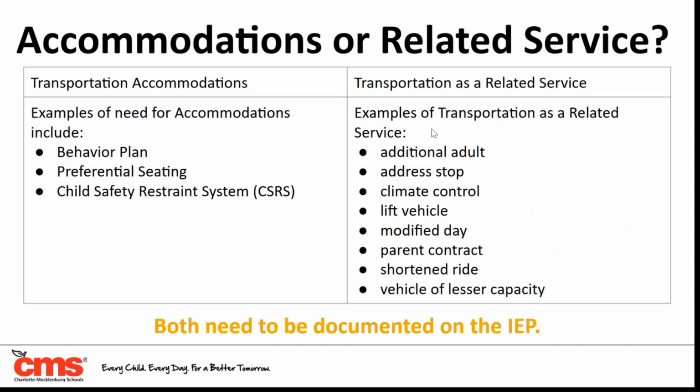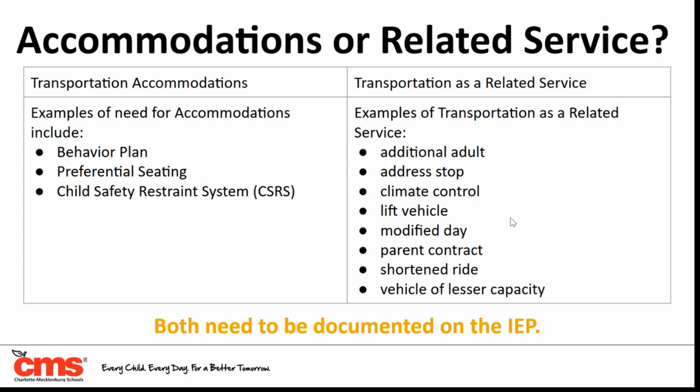Accommodation or related service. We just talked about that a little, but let me go a little bit deeper into it. Transportation accommodations would include a behavior plan, preferential seating, or a child safety restraint system. Like we talked about before, the child safety restraint system, the mechanical restraint that we are focusing on right now, is an accommodation, not a related service. Examples of transportation as a related service would be an additional adult, an address stop, climate control, lift vehicle, modified day, parent contract, shortened ride, or vehicle of less capacity.